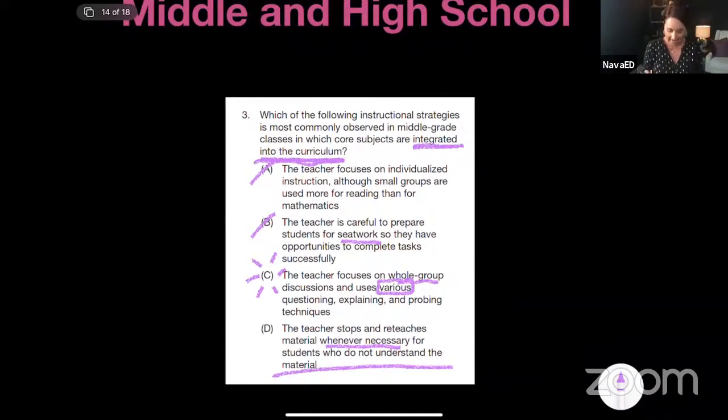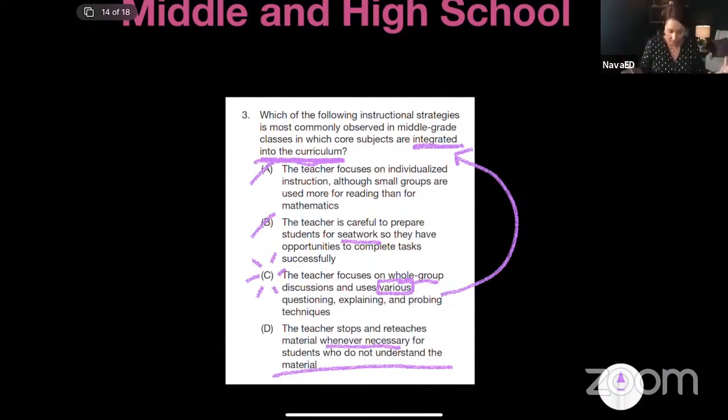That is an interdisciplinary cross-curricular question. So C is the best answer there because you're using various questioning, explaining, and probing. That goes into the integrated curriculum because you're using various content areas, science, social science, math, and all of that. So you're going to need a variety of instructional approaches.